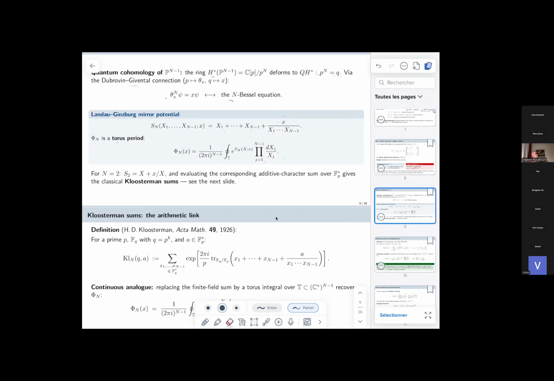Yes, you can play the same game that people play, for example, in the approach of Candelas, de la Ossa and co-authors, and you can find the mirror coordinate and Yukawa coupling. But what does it have to do with the multiplication kernel? It gives you a new type of instanton numbers.